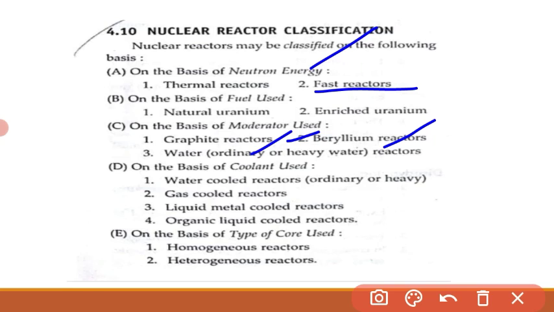Fourth one is on the basis of coolant used: water cooled reactors, gas cooled reactors, liquid metal cooled reactors, organic liquid cooled reactors. On the basis of type of core used: homogeneous reactors and heterogeneous reactors.